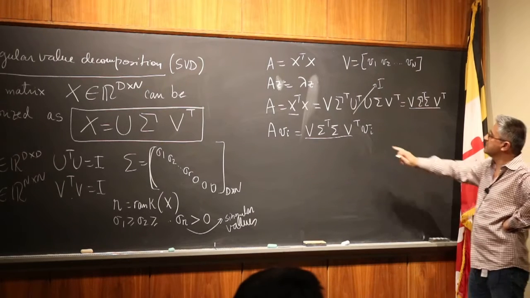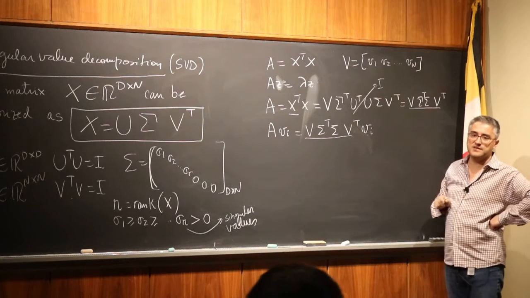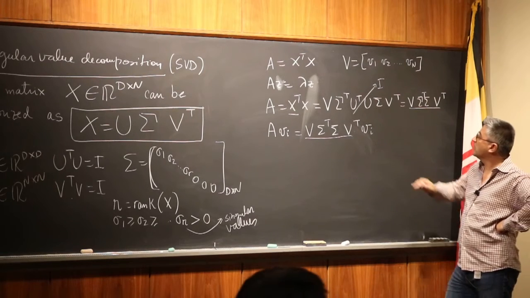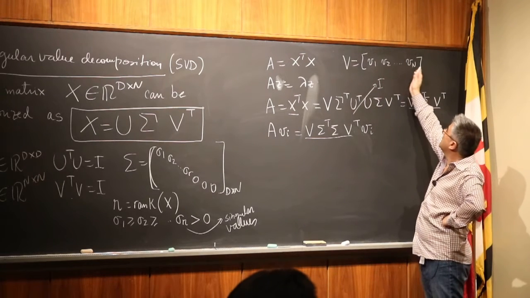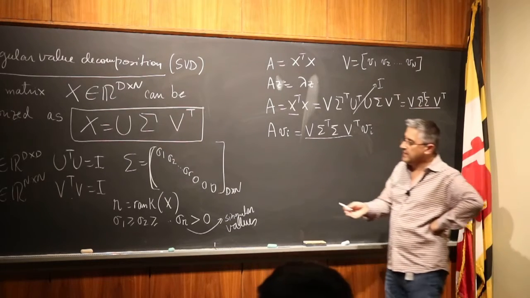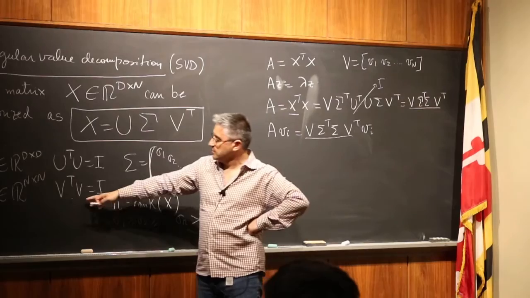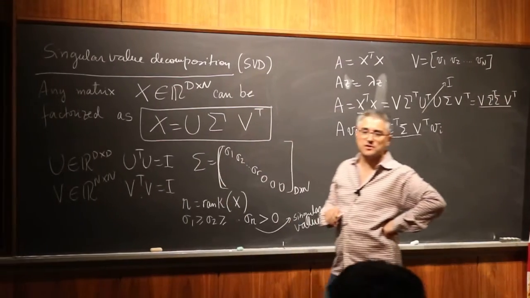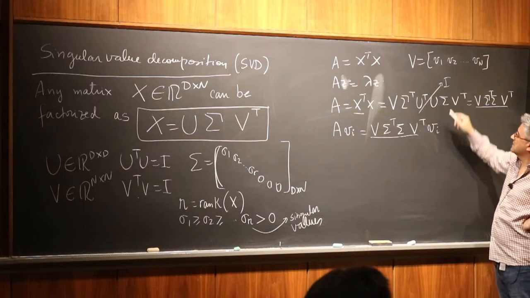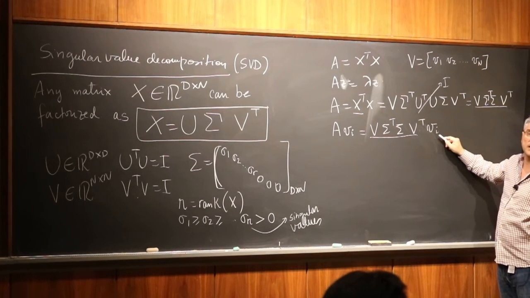Okay, so what is V transpose times V_i? Well, it's the dot product between every V_j here and V_i. I said to begin with that the V matrix was orthogonal, so all of the columns are orthogonal to each other. So what is going to be V1 times V_i? 0.